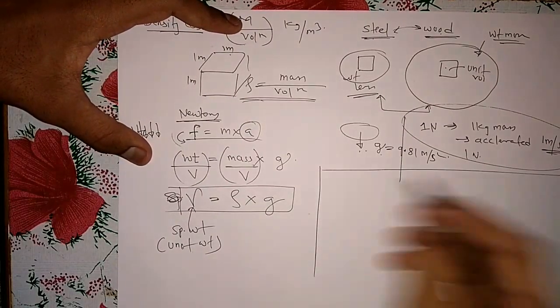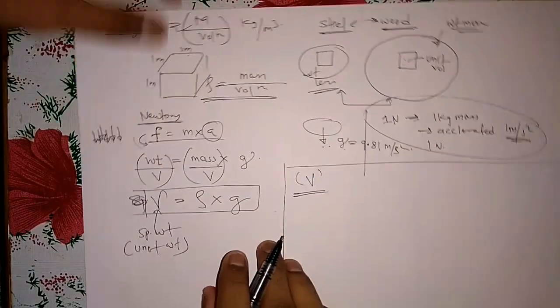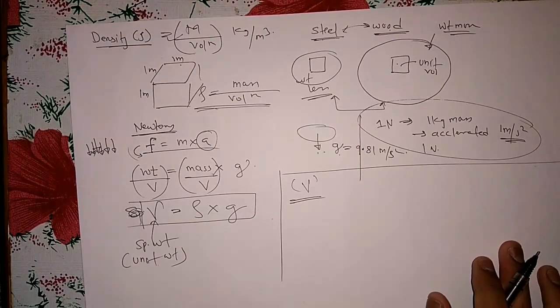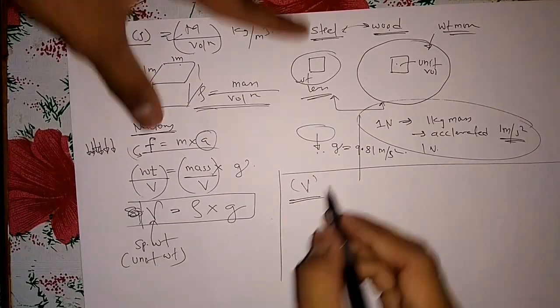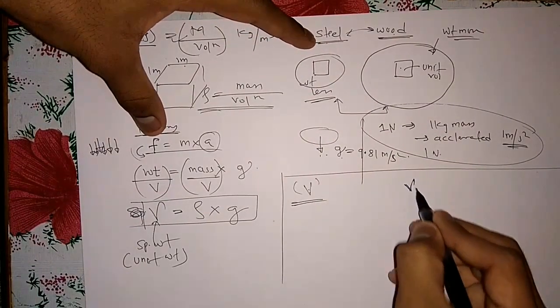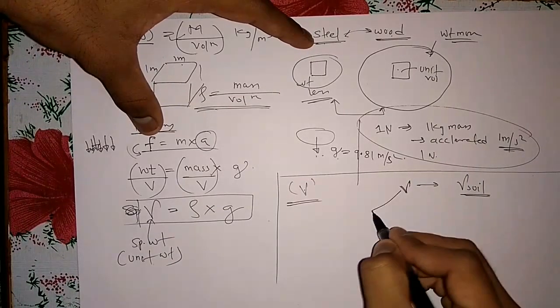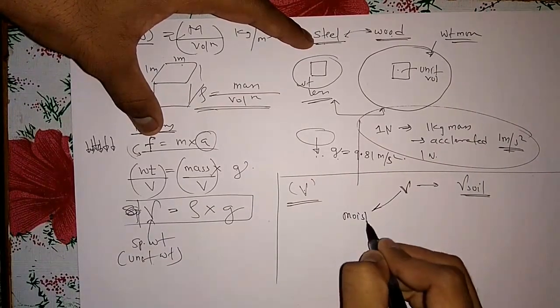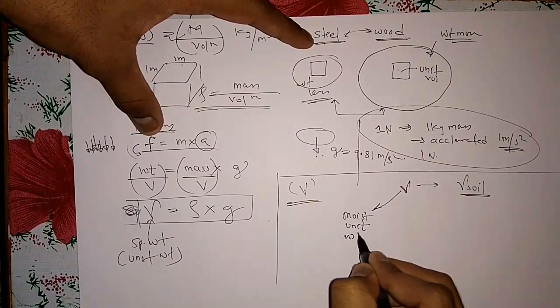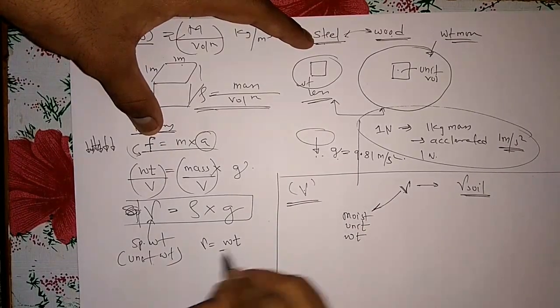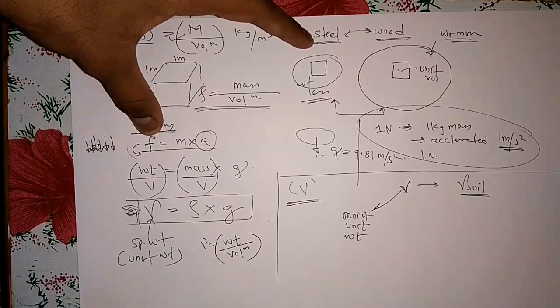So we deal in gamma, because g is constant for earth, and generally we deal in gamma. For any soil we can define it simply as gamma soil. You can define its moist unit weight. I mean you can define the weight simply as weight per unit volume.